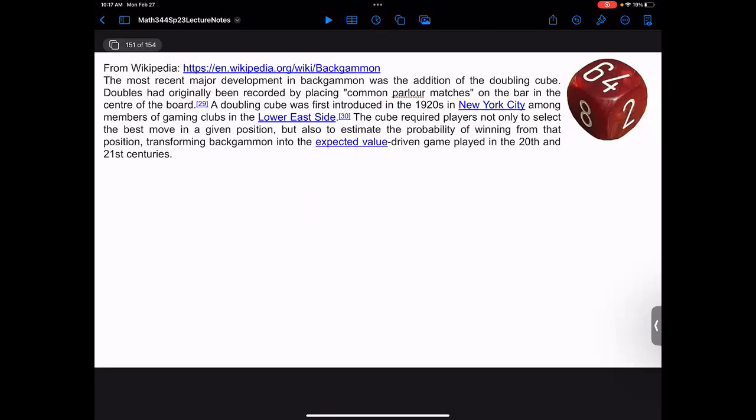Okay, so your homework for the next class is to tell me, and just email me: if I'm trying to decide, do I want to double, what should my probability of winning be for me to double? What should my probability of winning be for me to accept a double?